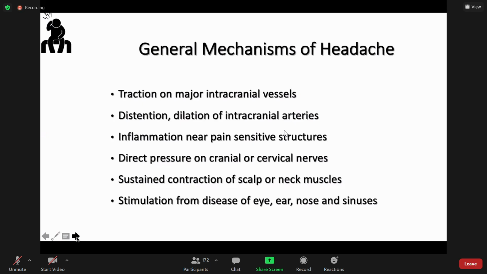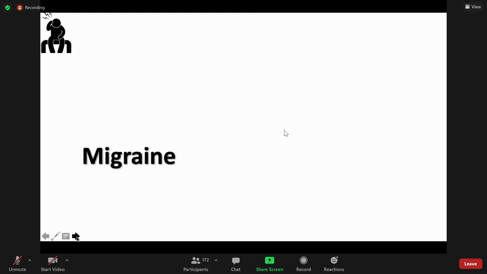And there is stimulation from disease of the eye, such as glaucoma, which causes eye pain, inflammation of the eye, conjunctivitis, and so on; the ear, otitis media, and so on; the nose and sinuses, sinusitis. All of these are general mechanisms that may be translated into the patient experiencing pain.